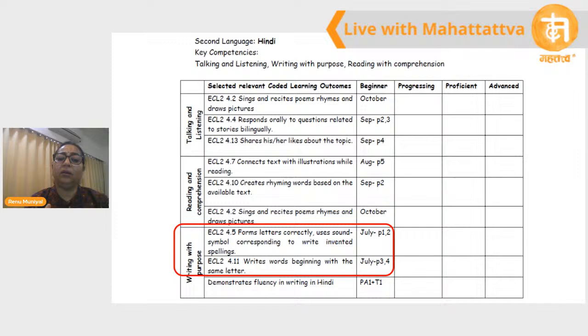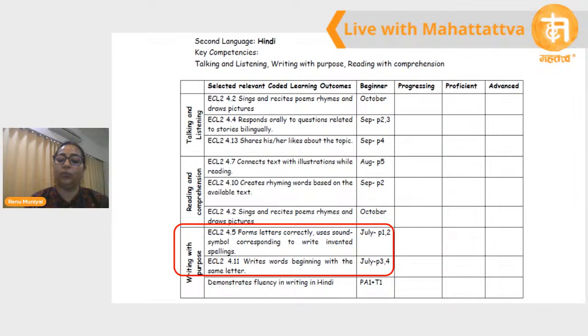So, here the second language is Hindi. The competencies which are achieved are talking and listening, writing with purpose, reading with comprehension. Now, one of the listed competencies over here through the parameter is forms letters correctly, uses sound symbol correspondence to write, invent, and spellings.